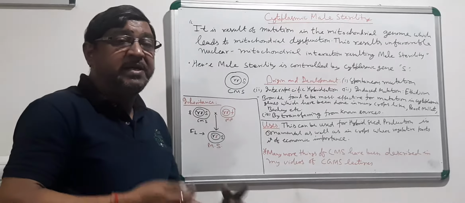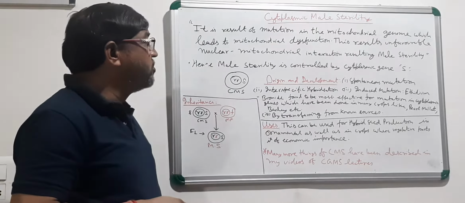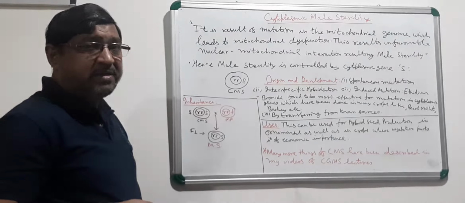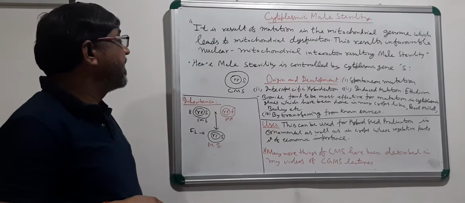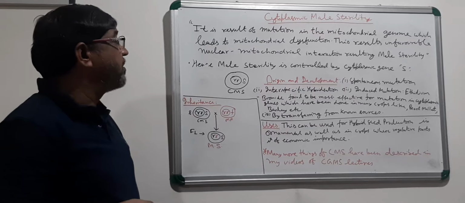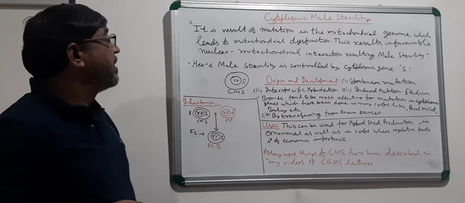It can also be created through induced mutation, and ethidium bromide has been found to be most effective for mutation in cytoplasmic genes, which has been done in many crops like pearl millet, barley, etc.